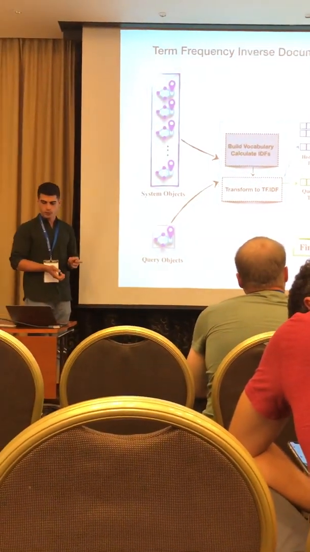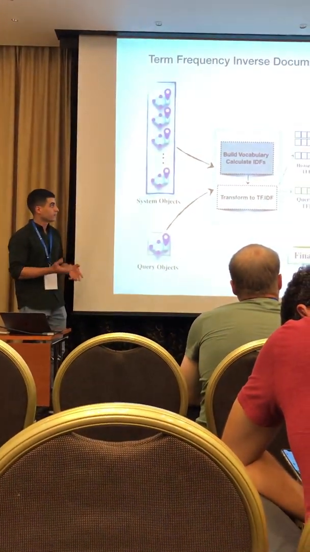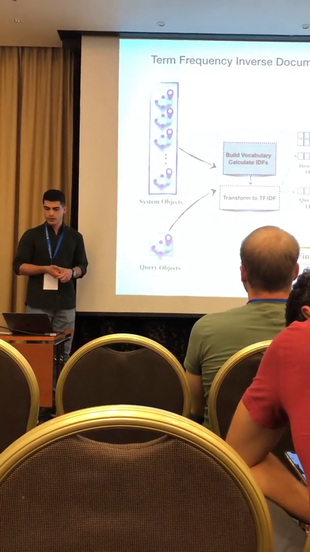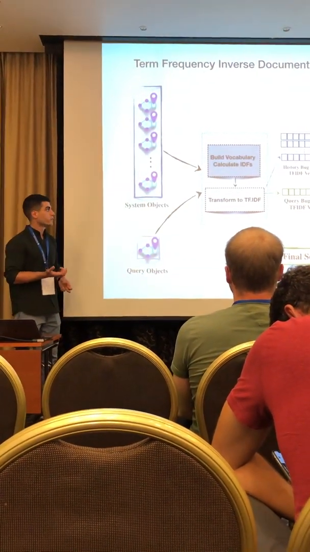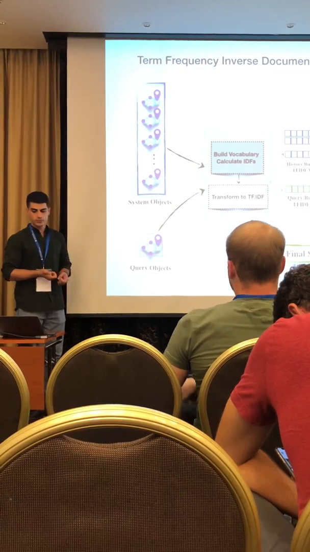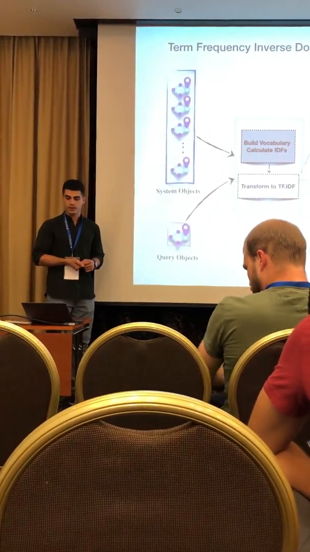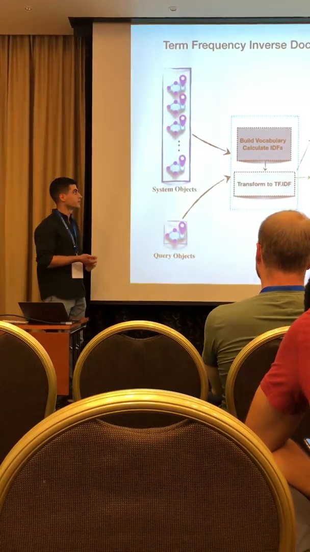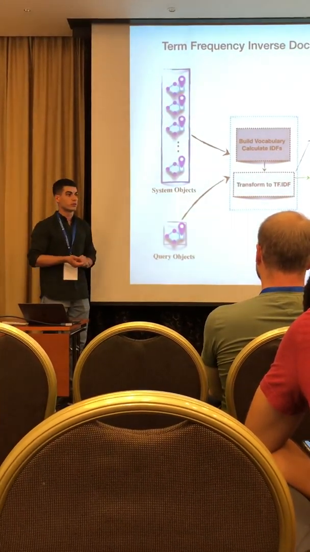Here, to explain more about TF-IDF: TF-IDF stands for term frequency inverse document frequency, and it's a weight that is calculated for each term in a document based on the frequency of that term and the importance of that term, which is indicated by its inverse document frequency, or IDF.